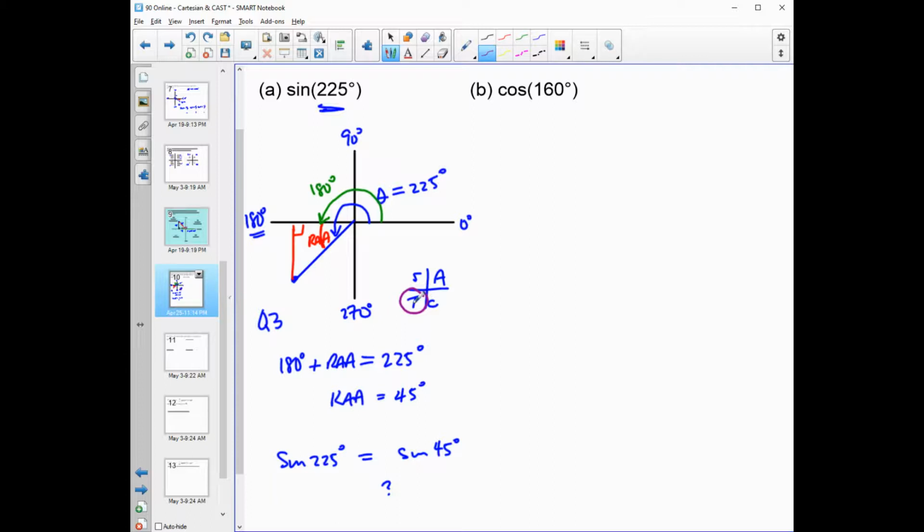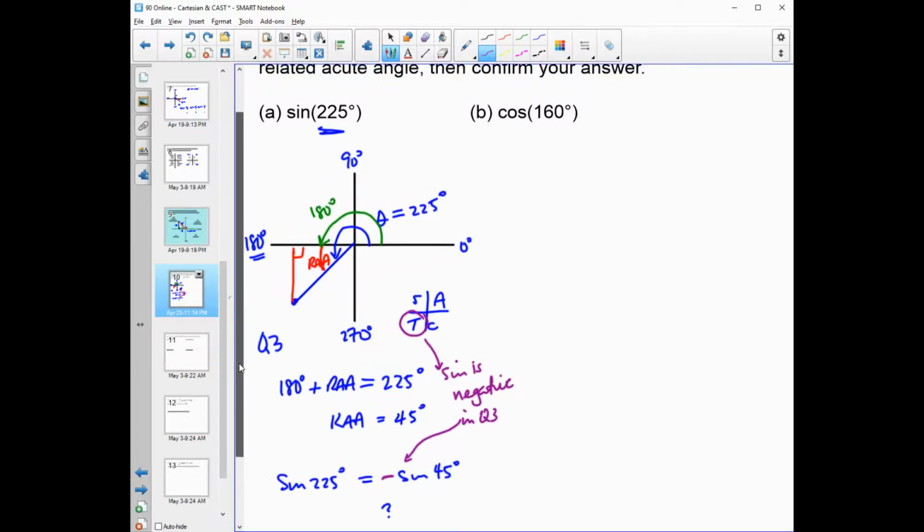And that means the other ones must be negative. And so this tells me that sine is negative in quadrant 3, which means that that gets a minus sign in front. The sine of 225 degrees is exactly the same as the negative sine of 45 degrees.